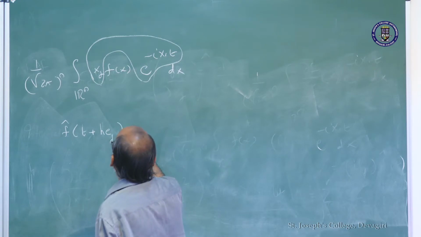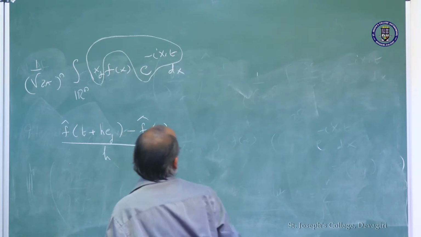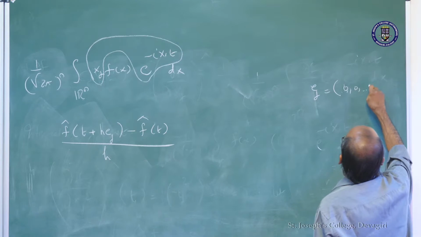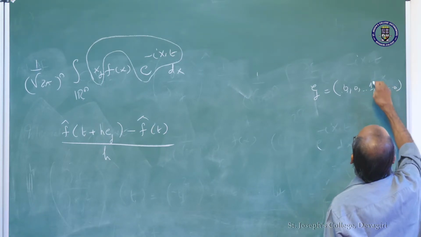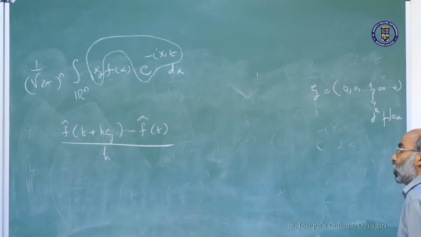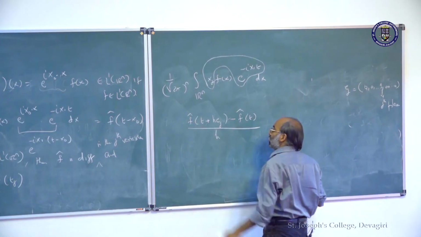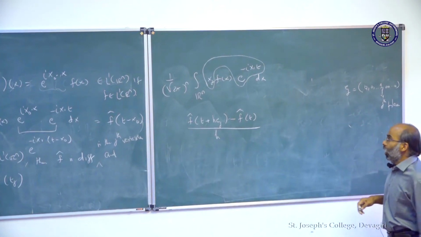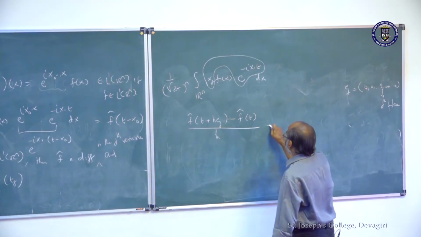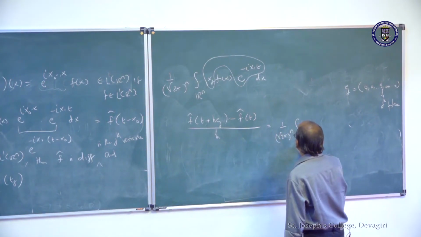So, you are looking at the partial derivative of f hat in the jth variable. But here this is just the difference of two Fourier transforms divided by h. Well, what is that? That is easy to write down: 1 by root 2 pi to the n, integral over Rn.